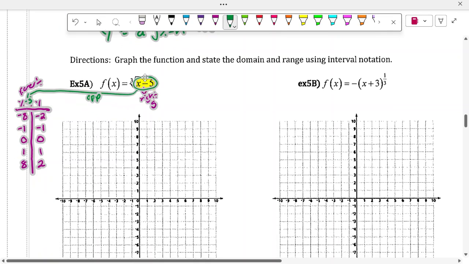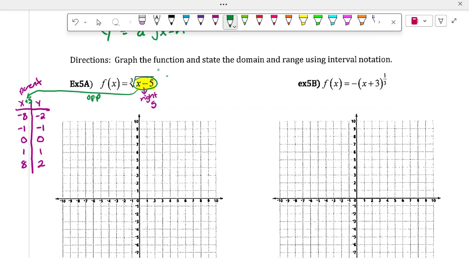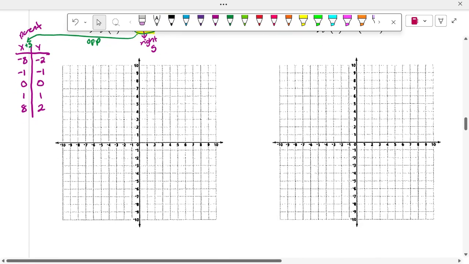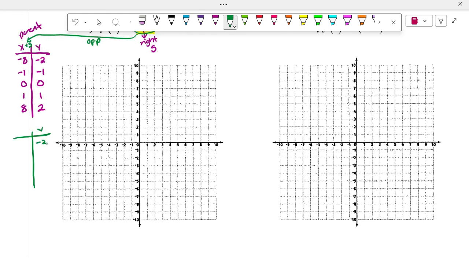So that's why I say when you look at what's under the radical specifically, ask yourself, am I going left or right? And then think logically: on a number line, I would have to add 5 if I'm going to the right. So I'm going to add 5 to all these x's. Since there's nothing outside, the y's are staying the same. So this is going to be x plus 5. What's -8 plus 5? -3.